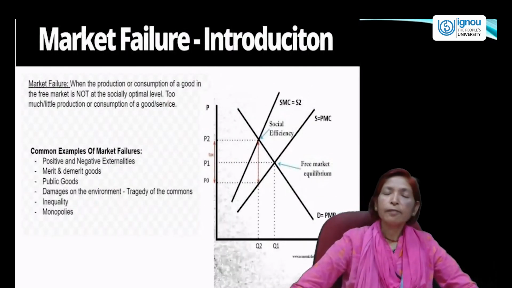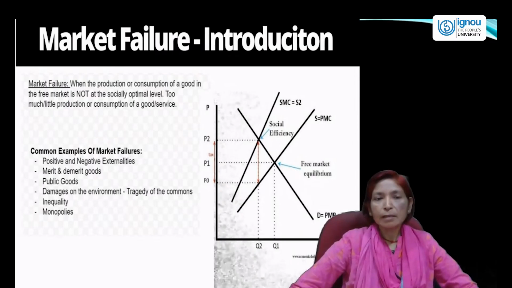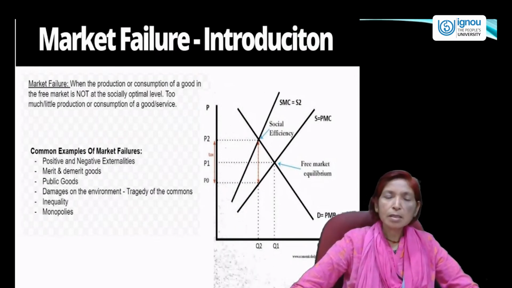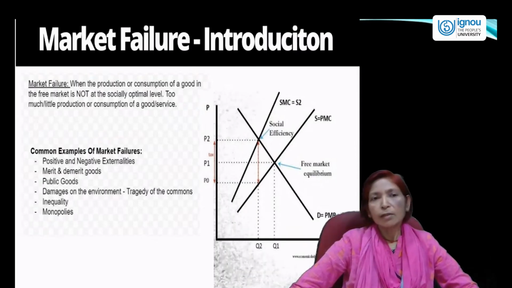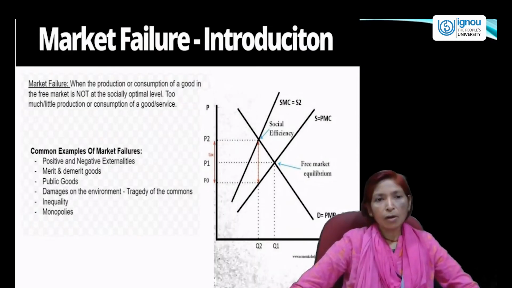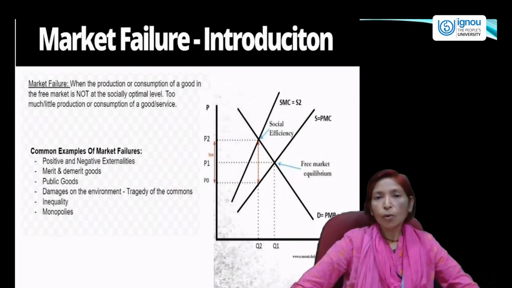Next is market failure introduction. You know that market failure is a concept in which a market becomes a failure when the market is not able to achieve its required or necessary or fixed goal or objective.